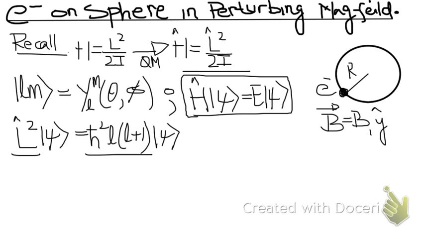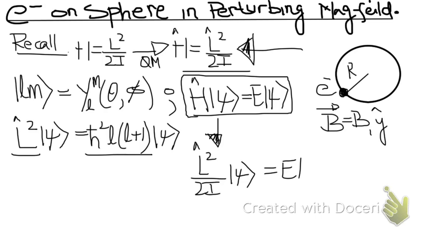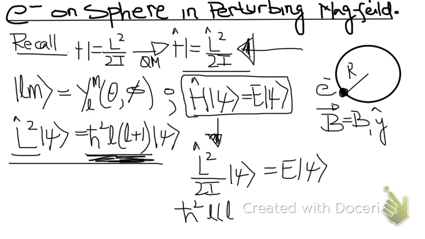Now let's put the Hamiltonian in this eigenvalue equation. I have the L squared operator over 2I acting on psi equal to E psi. We have just seen that when L squared acts on psi, I get h bar squared l(l+1), so I have h bar squared l(l+1) over 2I times psi equal to E psi.